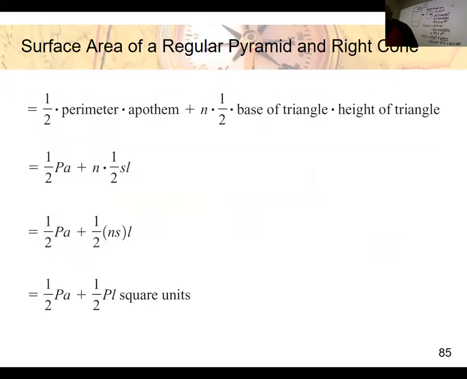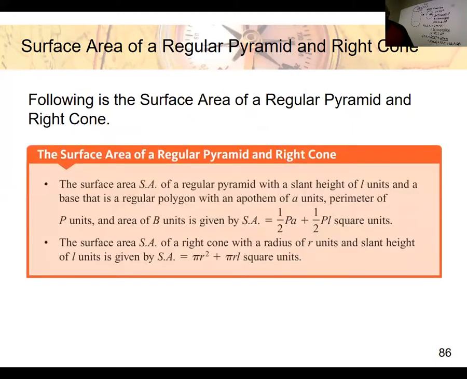And I'm going to skip this slide because they're just deriving this formula here for the surface area of a regular pyramid and for a right cone. For a regular pyramid, its surface area is this. That's just going to be 1/2 the perimeter times the apothem. That's that point from the center of the base to a side perpendicular to it.